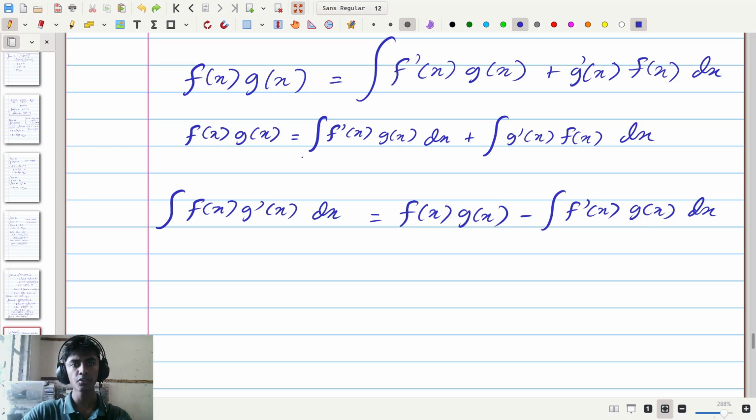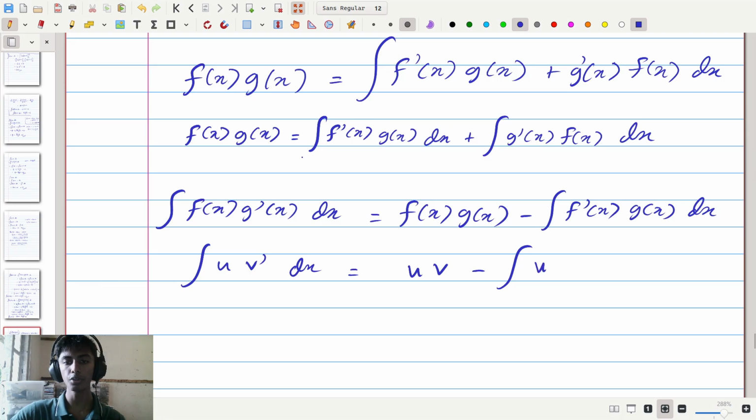Usually, however, this is not presented in this form. We don't write the integral of f(x) times g'(x) and so on. Usually in normal schools you will see this represented as the integral of u times v' being equal to u times v minus the integral of u'v dx.